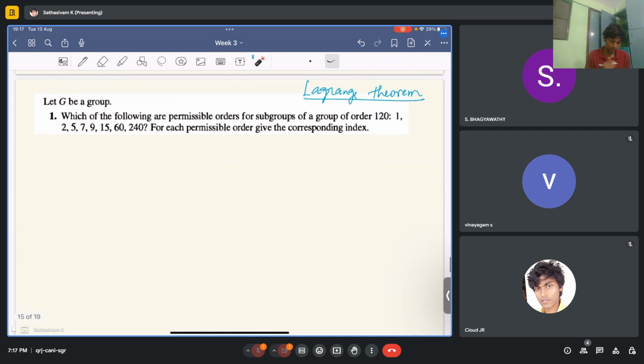Okay, so let's use the Lagrange theorem. The question says the following. Let G be a group. Which of the following are permissible orders for a subgroup of a group of order 120? So basically you have a group of order 120. What are the possible orders for a subgroup? The options are 1, 2, 5, 7, 9, 15, 16, 240.